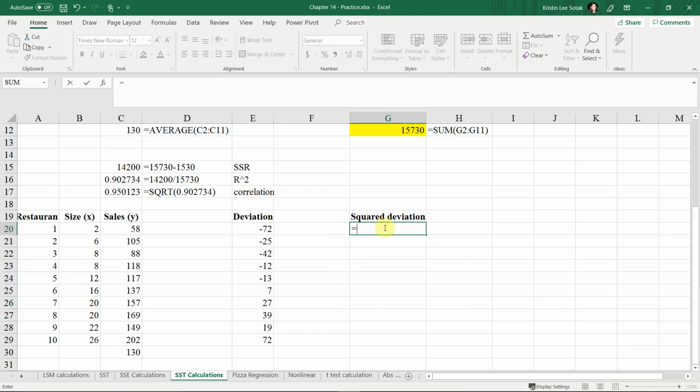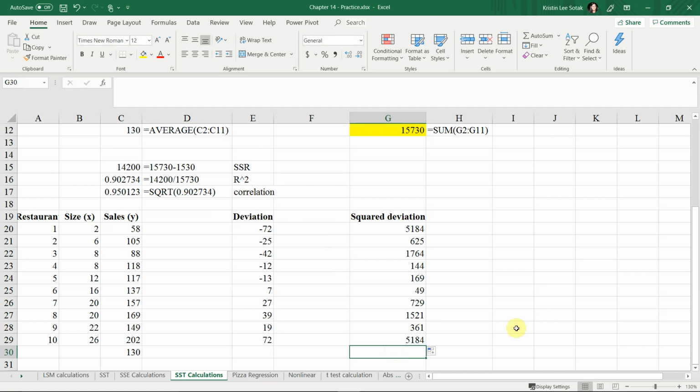And what do we want to do with those? We want to square them. Then we need to take the sum of those squared deviations. And that is going to equal our sum of squares total.